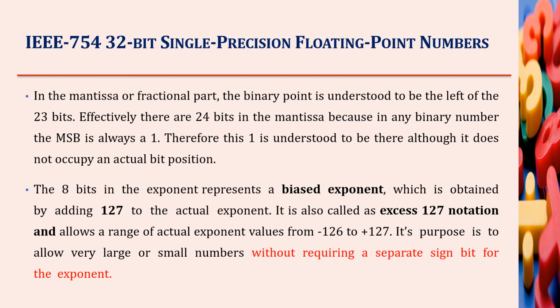Its purpose is to allow very large or small numbers without requiring a separate sign bit for the exponent, so we are not going to represent it as 2 power minus 3 like that. The sign bit for the exponent is avoided since we are using this excess 127 notation.